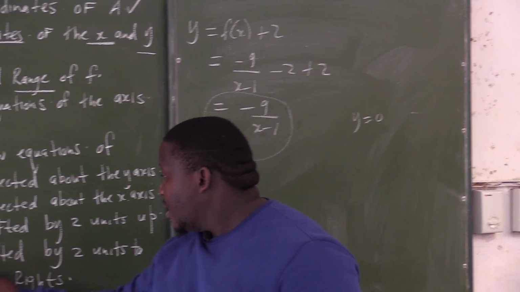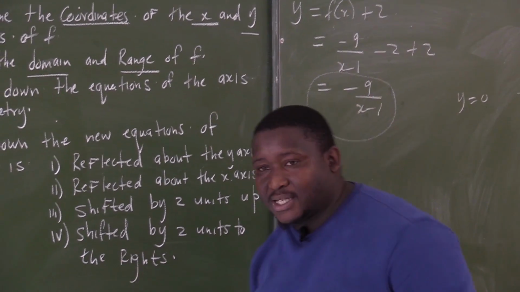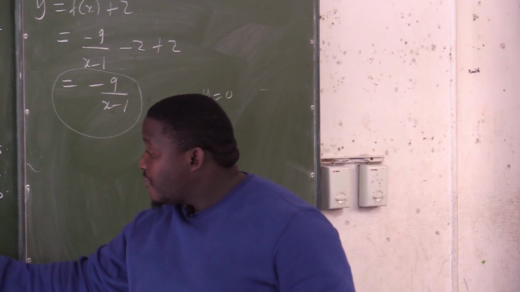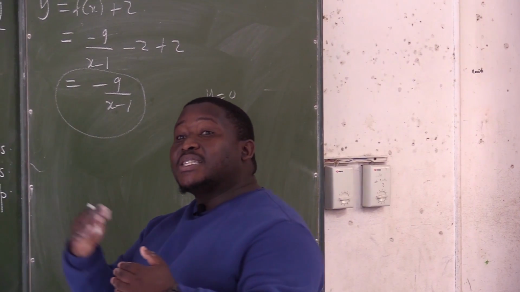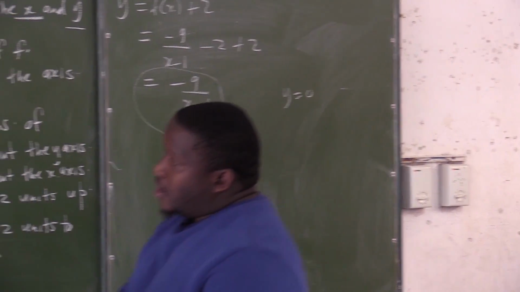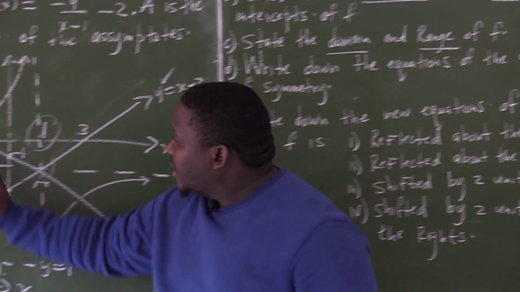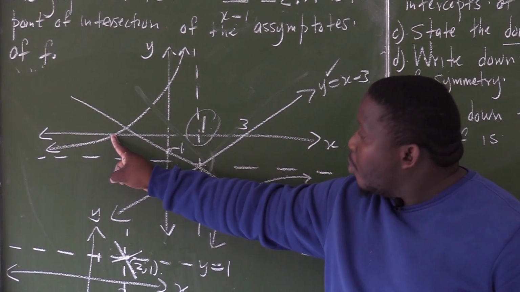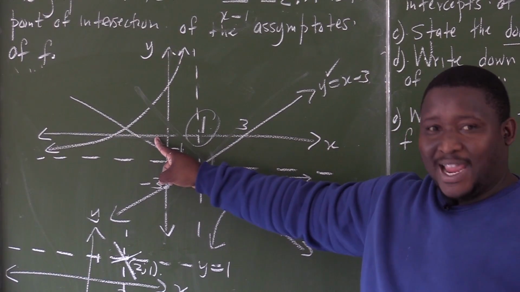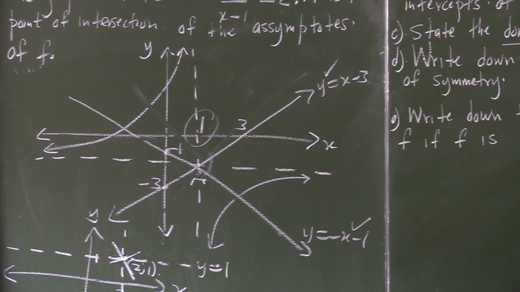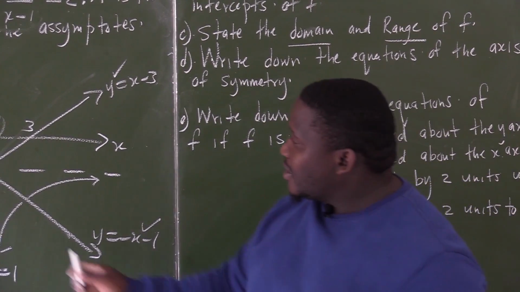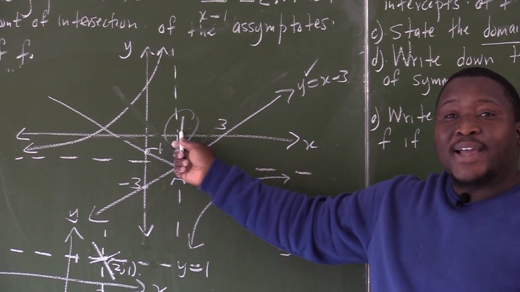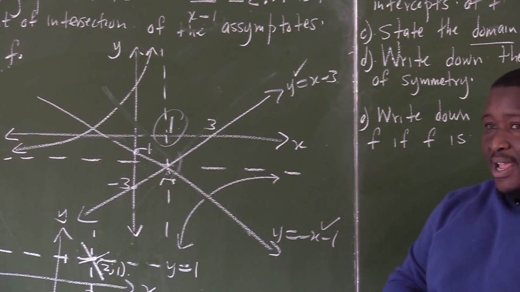Then the last question will say, shifted by 2 units to the right. This one is very important. You must pay attention to this one. If you shift the graph horizontally, something strange is happening there. You would expect that if I shift this graph 2 units to the right, this point has to move by 2 units towards your right. Now focus on the vertical asymptote, x equals 1.